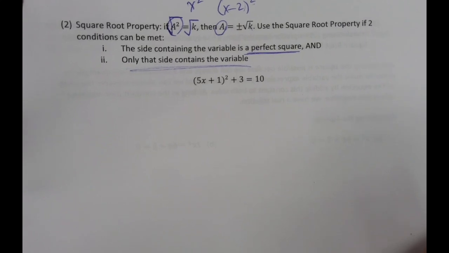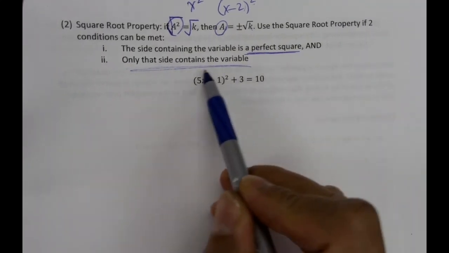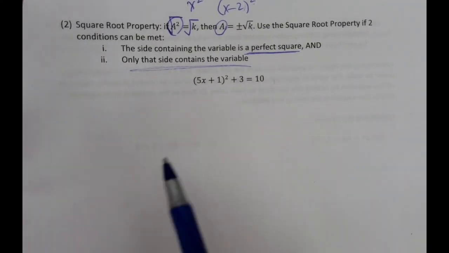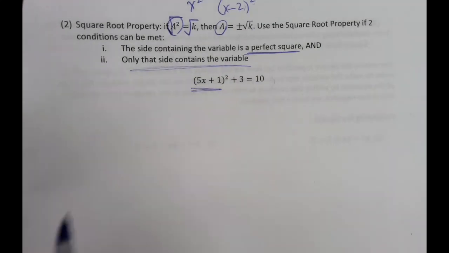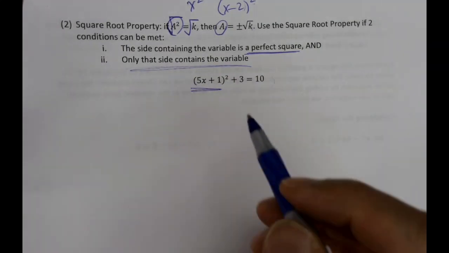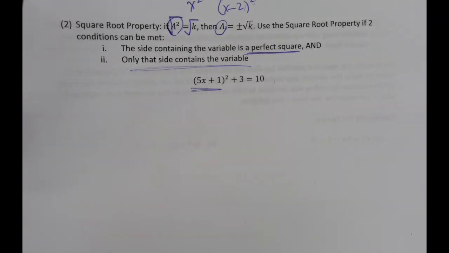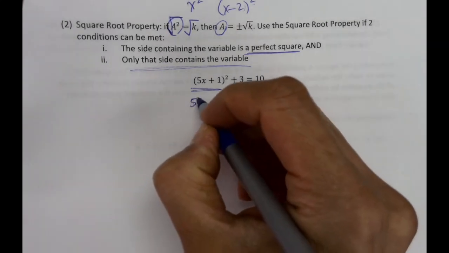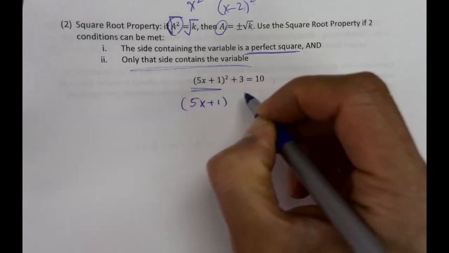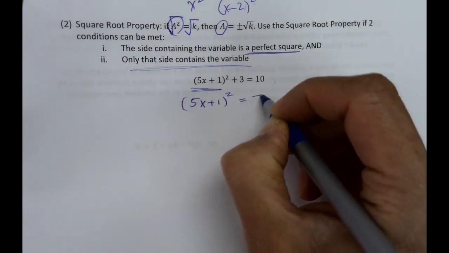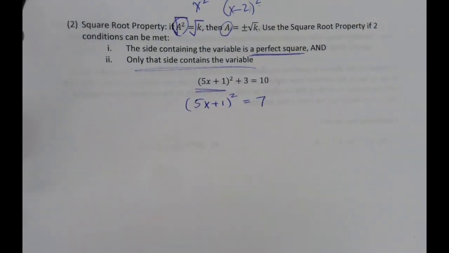Okay, so looking at this example, what I see is, oh, I do have a perfect square there. I don't have any other variables hanging out, and so this one looks like we can pretty easily change it into the form x term squared equals a number.